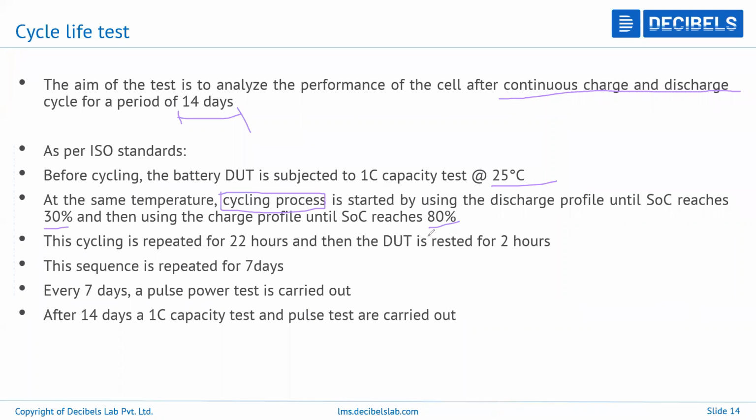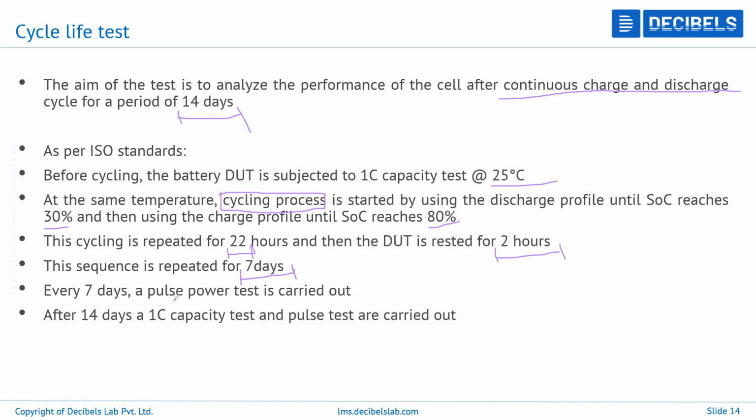This charging and discharging continuously happens till 22 hours of this cycle is complete. Then a 2 hour rest period is given, and then once again for the remaining 22 hours, the same cycle is repeated. This goes on and on till the test period of 7 days is completed.